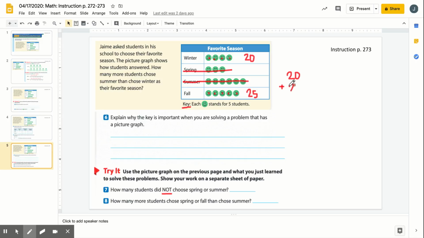So 20 plus 25. In my ones place, 0 plus 5 equals 5, and in my tens place, 2 plus 2 equals 4. So you could add winter and fall, and you'd get a total of 45 students. That's the first way that you could do that problem.